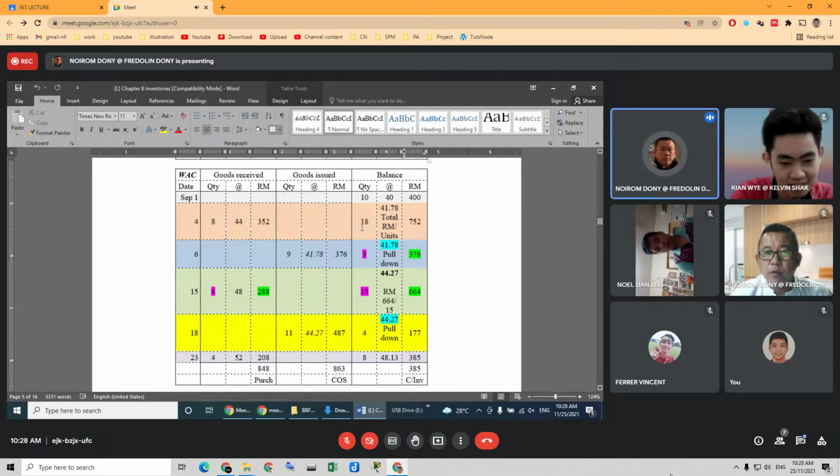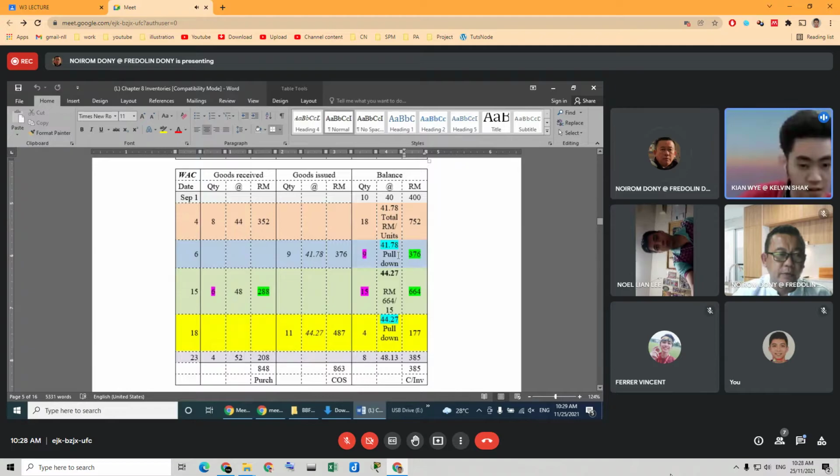Pull down meaning you have to minus probably 18 minus 9, okay? And then 752 pull down to minus 376 become 376 now. Pull down. Okay, but then you don't have to write, no? Don't need to write this. Oh, okay. So the pull down it's not correct, it's supposed to be the other one, 375.98 divided by 9, right?